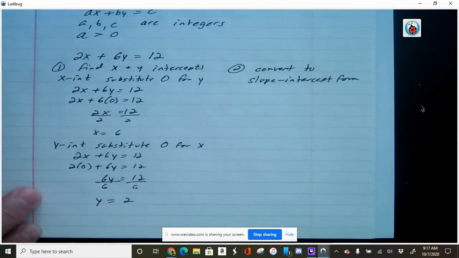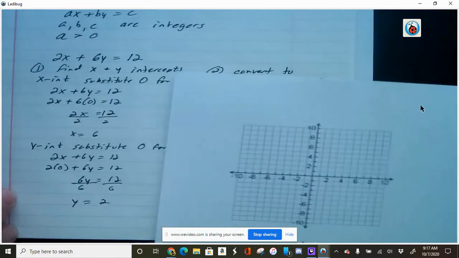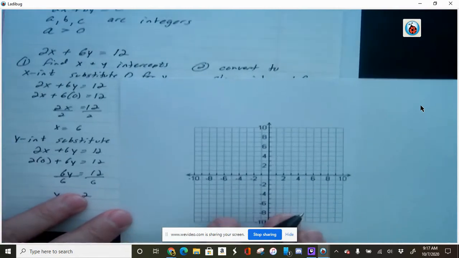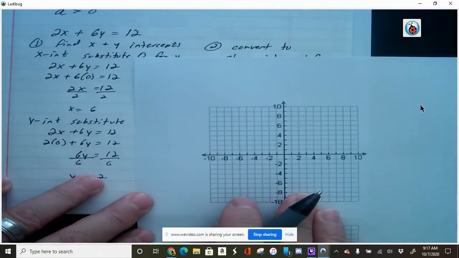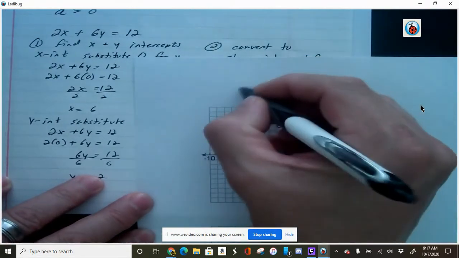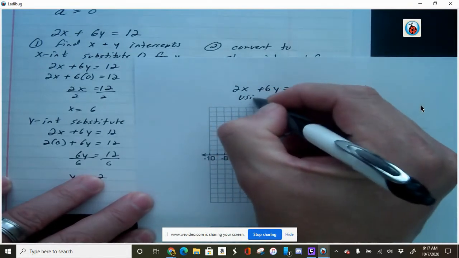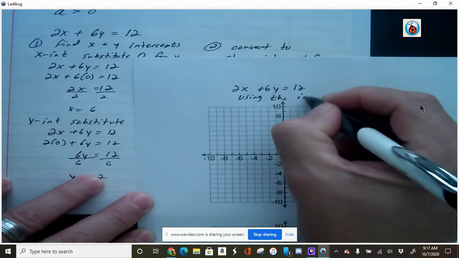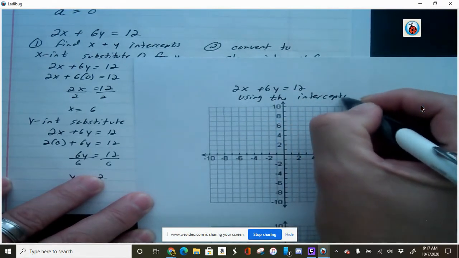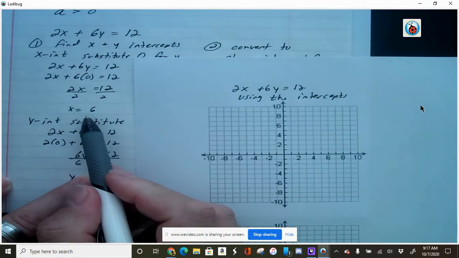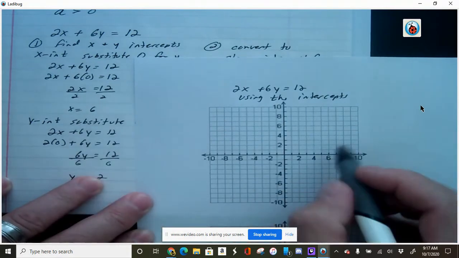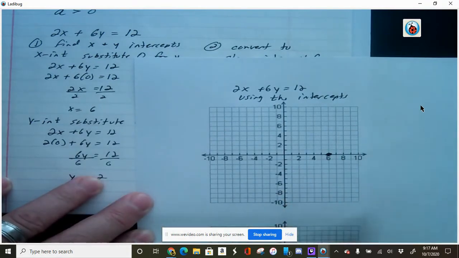Okay, I'm going to graph this. Let's see if I can slide this graph in and still see the intercepts. So we're going to graph 2x plus 6y equals 12 using the intercepts. I found an x-intercept of 6. So on the x-axis, let's find 6. There it is.